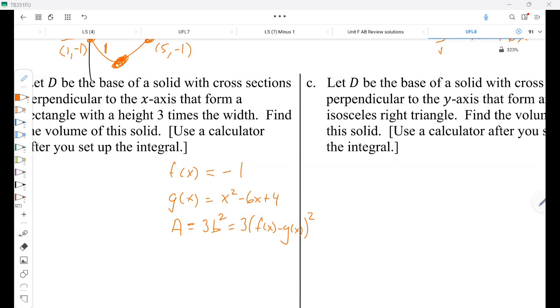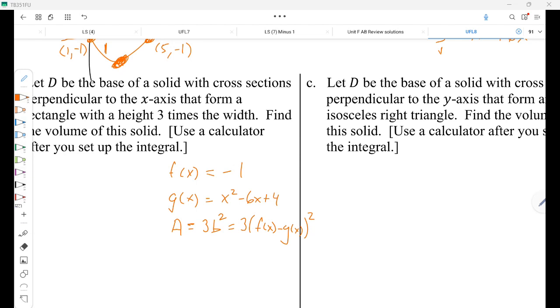While everything's in front of us, this is a good thing to also notice. When we're working with cross sections, the two functions are subtracted and then they're squared. When we're working with volumes of solids of revolution, those formulas square the function, or square the function and its adjustment, first and then subtract. So they are very different formulas in that way.